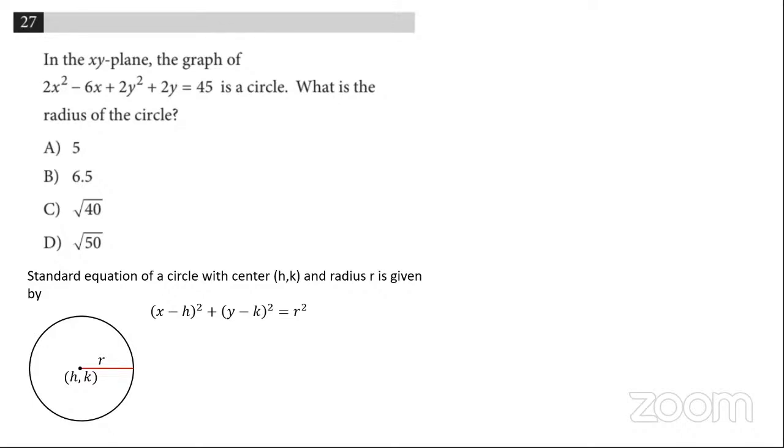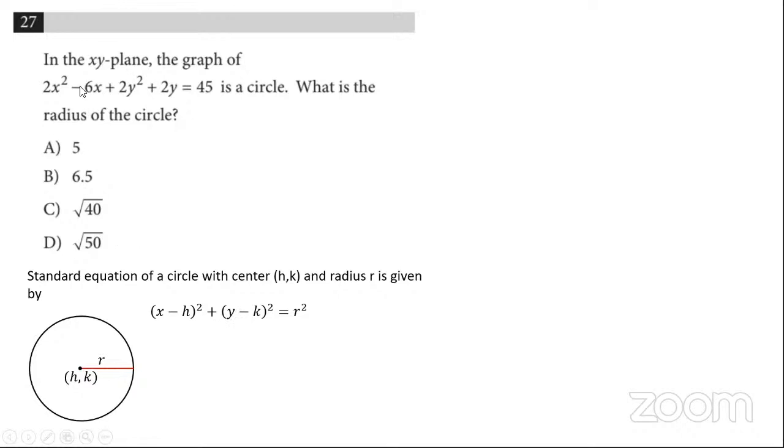So now our equation of the circle is 2x square minus 6x plus 2y square plus 2y equal to 45. Note that the coefficients of x square and y square are 2, and in our standard equation, the coefficients of x square and y square are 1.